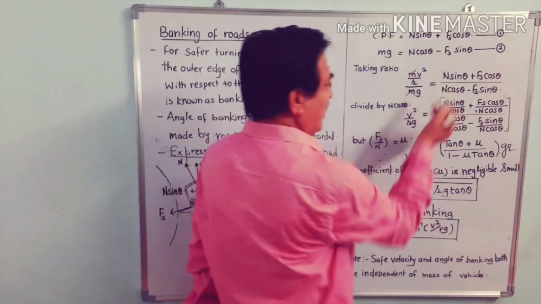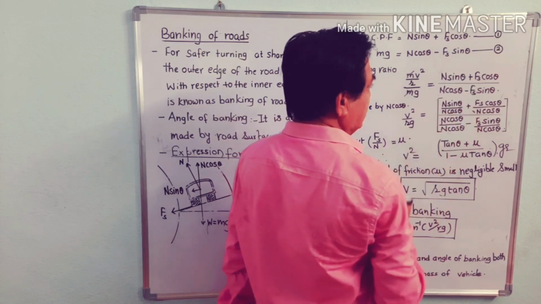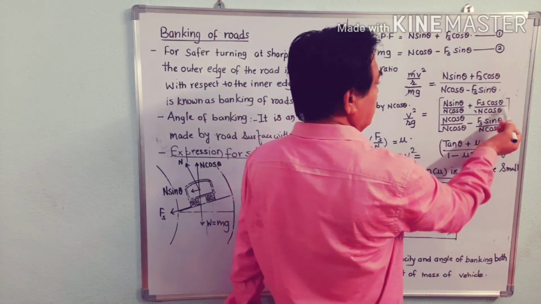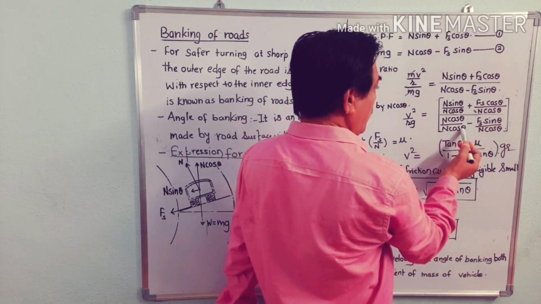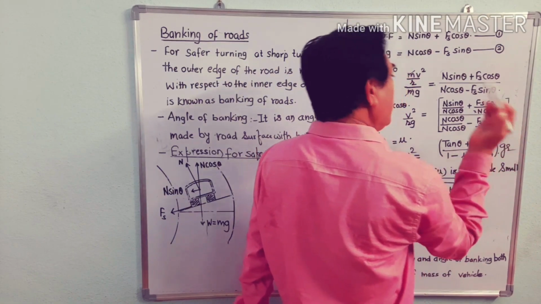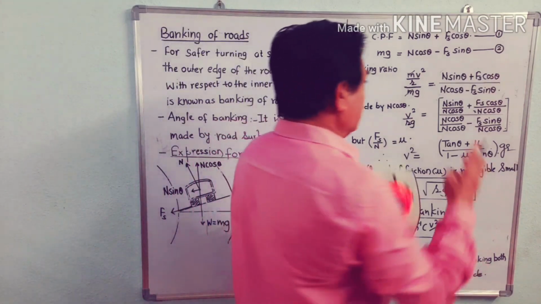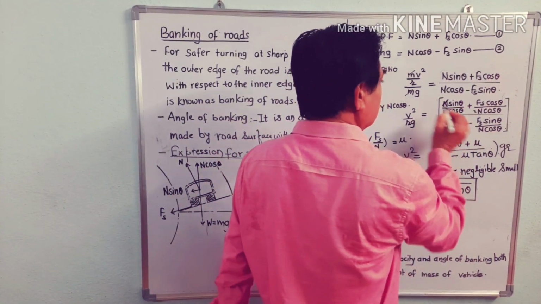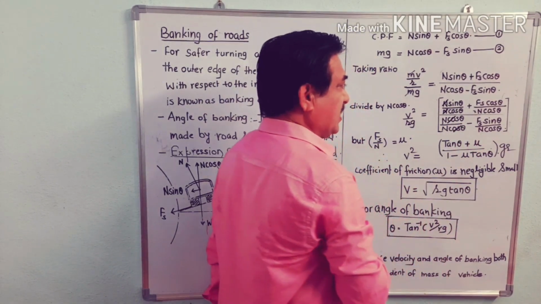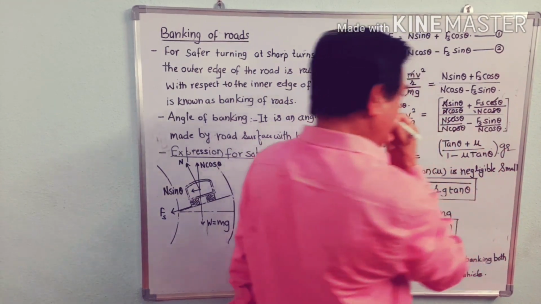On dividing, the equation will be N sin theta upon N cos theta, Fs cos theta upon N cos theta, N cos theta upon N cos theta, and Fs sin theta upon N cos theta. Here N will get cancelled, N cos theta will get cancelled, cos theta will get cancelled.